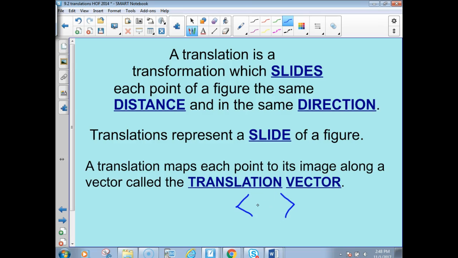It's kind of like X and Y. The first number tells you how to go left and right, and the second number tells you how to go up or down. There's a comma between. They're just like a point, but the brackets are pointy, and that's a vector.